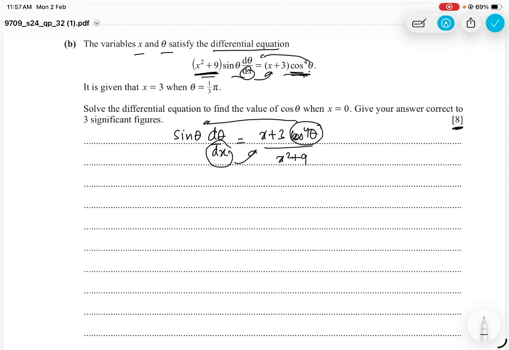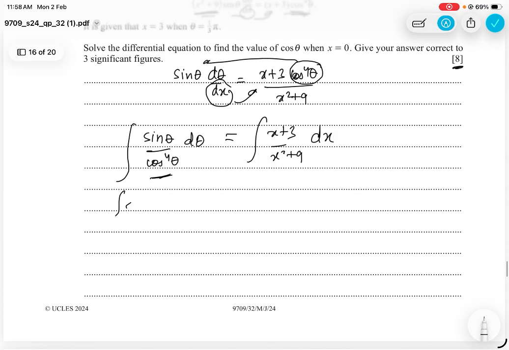So this would be the integral of sine theta upon cos 4 theta d theta equals the integral of x plus 3 upon x square plus 9 dx. This side would be easier for you. So this would be sine theta sec 4 theta d theta.